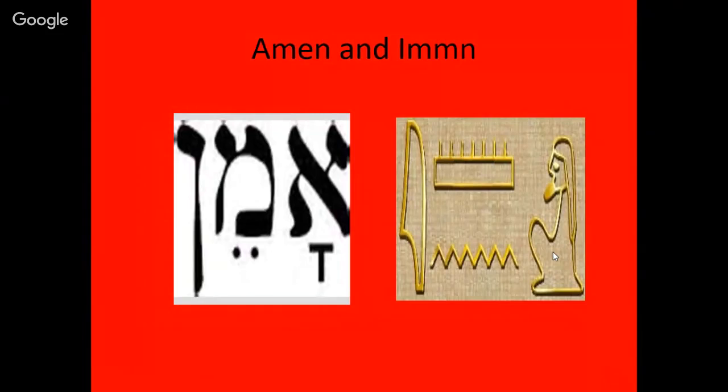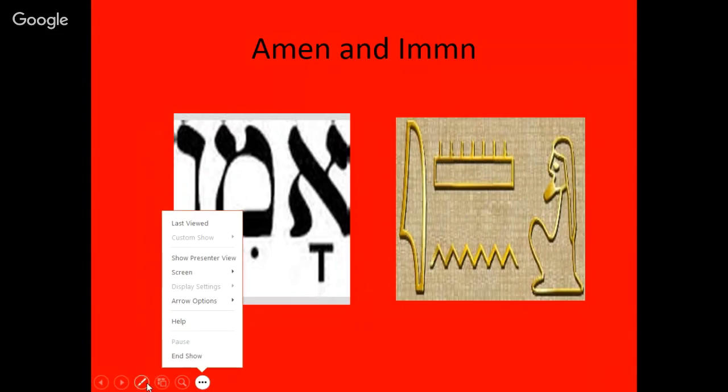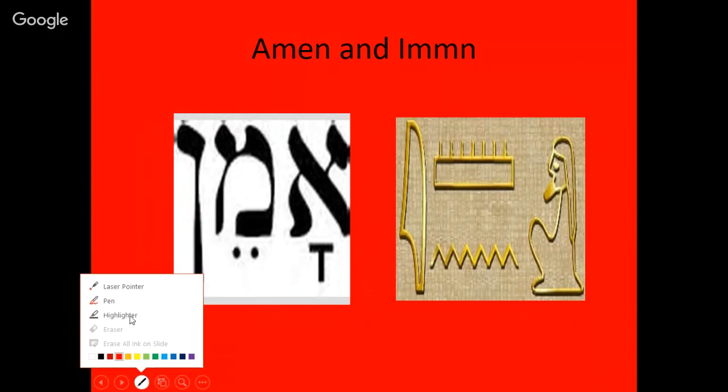Amen and Amen. Now, what you're looking at, brothers and sisters, on the left-hand side is the Hebrew aspect of saying Amen. All right. So we want to go over this for edification purposes, so we can gain some understanding of what we're talking about.